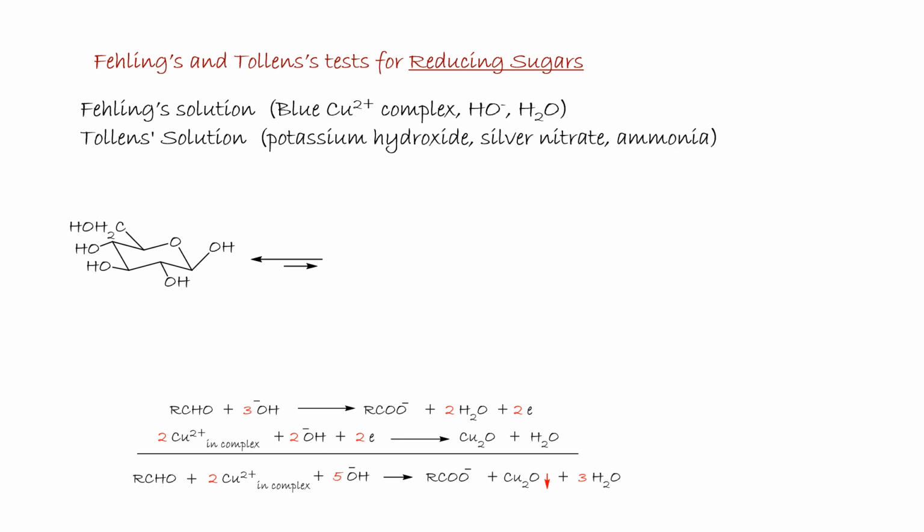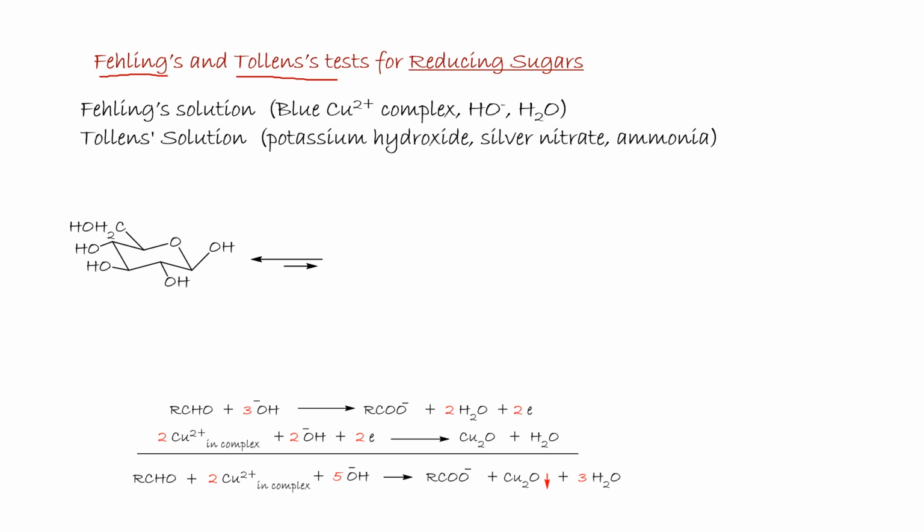Well, reacting sugars which have free aldehydic functionality with mild oxidizing agents like Fehling's, Benedict's, and Tollens reagents will lead to the formation of the carboxylate ion in solution. So the aldehyde will be oxidized to carboxylate.